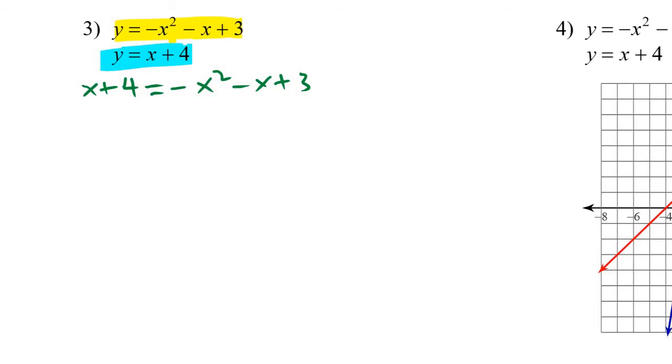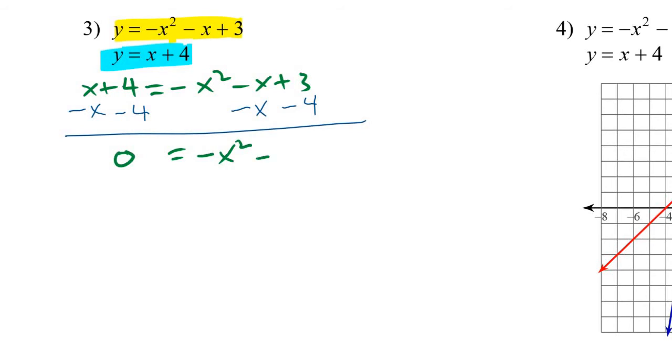Now we're just going to get everything to one side, and this is how you do it. You subtract x, subtract 4, and then you're going to be left with 0 on the left side, and the right side will be negative x squared minus 2x minus 1.